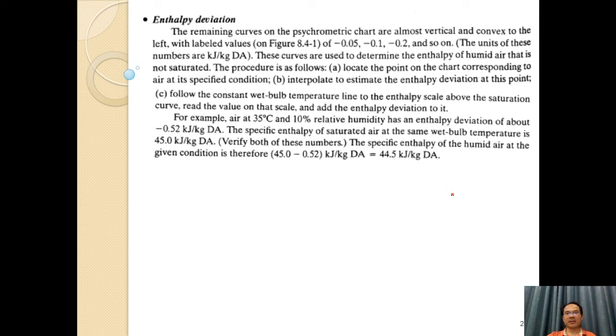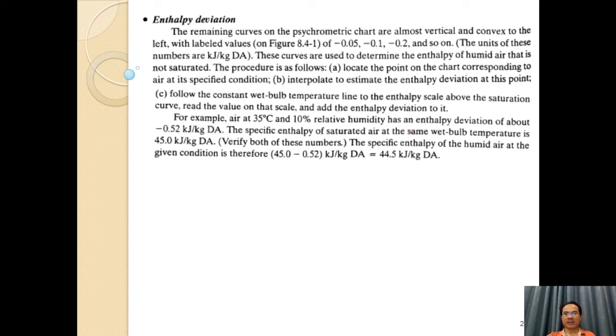The first step, you have to locate the point on the chart corresponding to the specific condition and interpolate to estimate the entropy deviation at that point, and then follow the constant wet bulb temperature line to the entropy scale. For example, for this case, we know the dry bulb temperature is 35 degrees Celsius and 10% relative humidity.